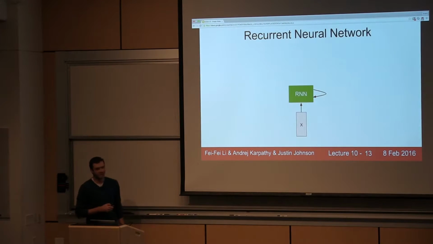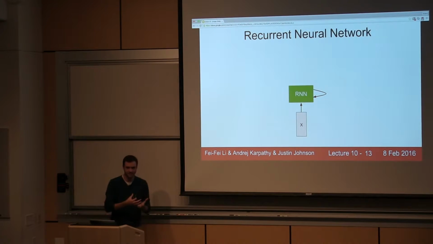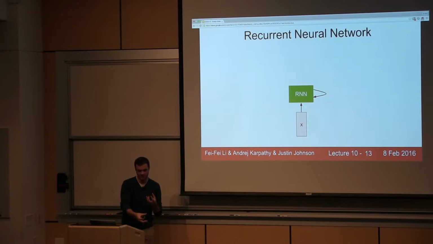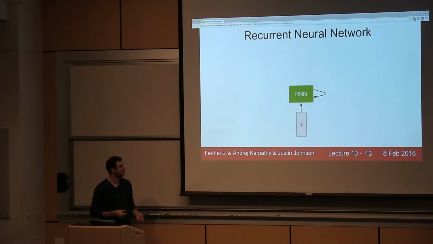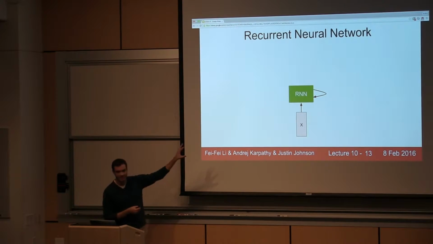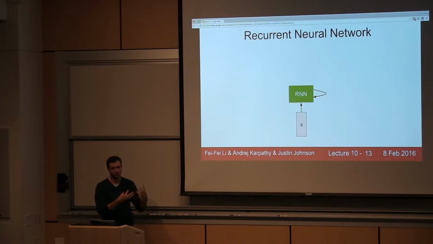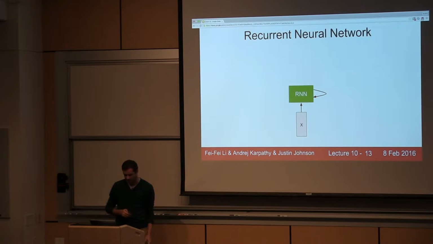So a recurrent neural network is basically this thing, here a box in green, and it has a state, and it receives input vectors through time. So at every single time step, we can feed in an input vector into the RNN, and it has some state internally, and then it can modify that state as a function of what it receives at every single time step. And there will, of course, be weights inside the RNN, and so when we tune those weights, the RNN will have different behavior in terms of how its state evolves as it receives these inputs.